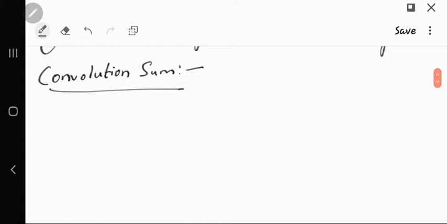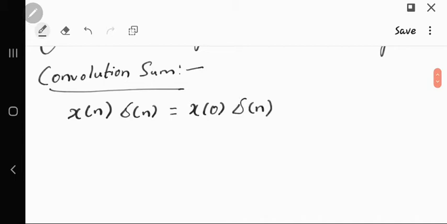Let us take a discrete time signal x of n, which is multiplied by an impulse sequence delta n. Since delta n is present only at the origin, using the multiplication property of the impulse, we can write x of n into delta n as x of 0 into delta n.